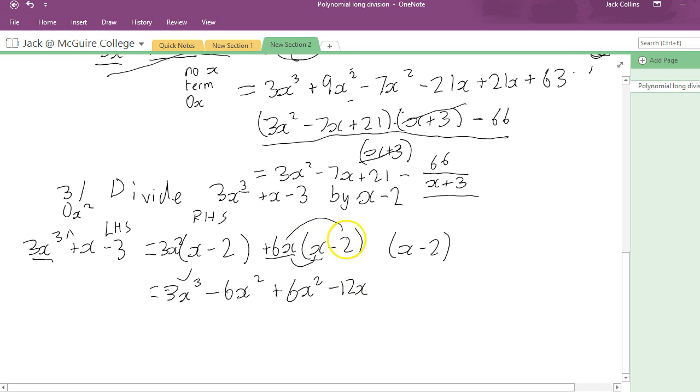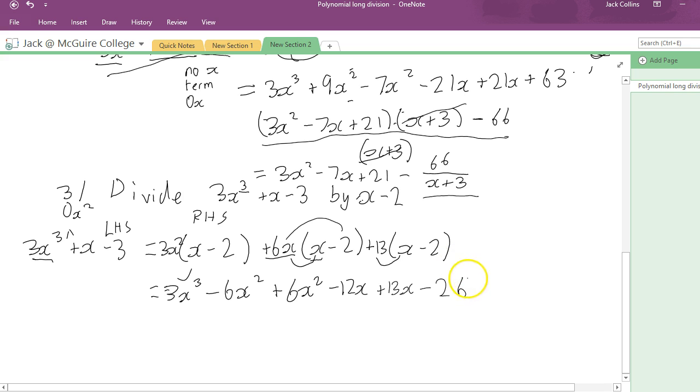Okay, so we've got minus 12x, but we want to end up with positive x. So we need to add 13 on here. So that becomes plus 13x. So negative 12x plus 13x gives us positive x, and then we've got the extra term on here, minus 26.